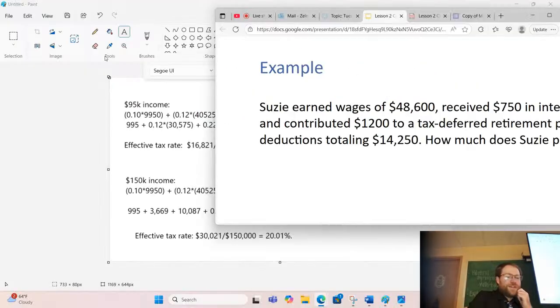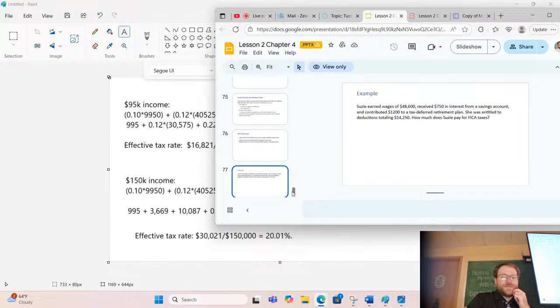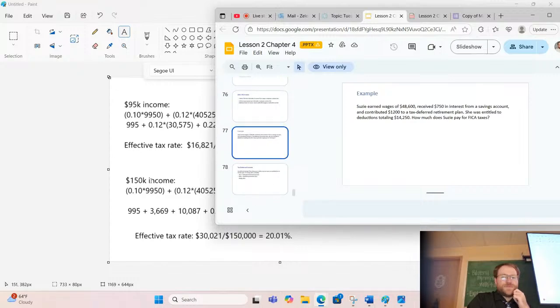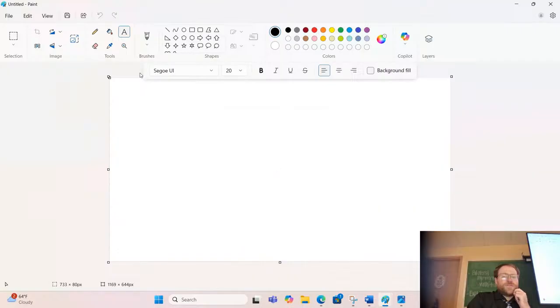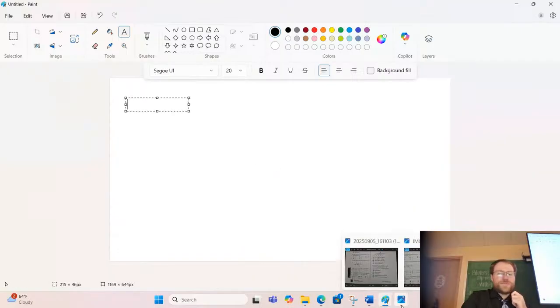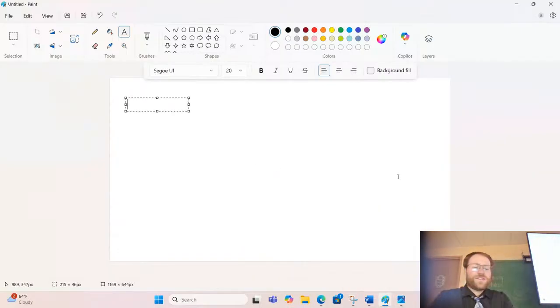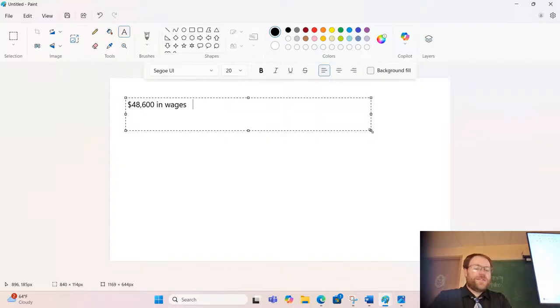So to figure this out, the total number of wages that she has was the 48,600, right? And the FICA tax was what percent? 7.65%.